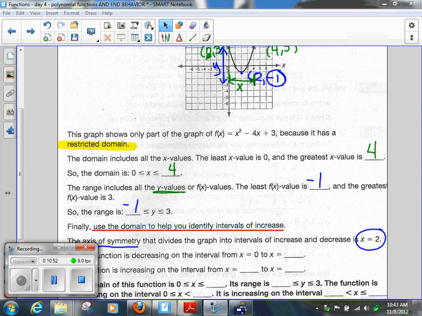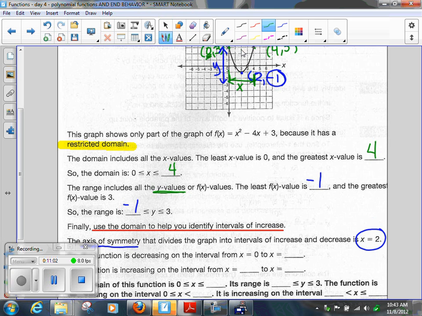Every single parabola has a line of symmetry, and it's going to pass through the vertex. So, folks, there is an imaginary line. I probably ought to do that in red. That passes through that vertex, and a vertical line is going to be of the equation x equals a number.